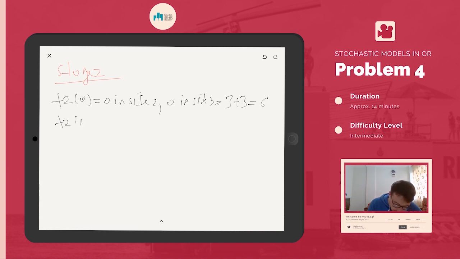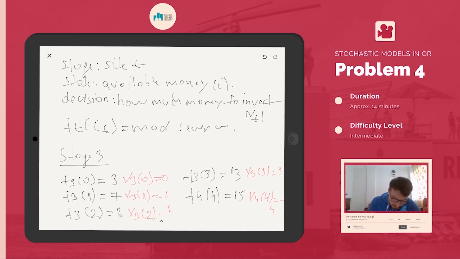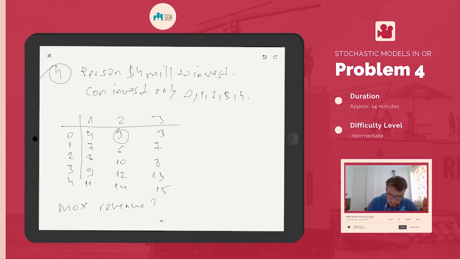If I have $1 million available, then I have some possibilities. I need to choose a maximum. What are my possibilities? I can invest 0 or I can invest 1. If I invest 0 in side 2, then I will have 1 for side 3. In this case, we have 0 for side 2, but I have $1 available for side 3.